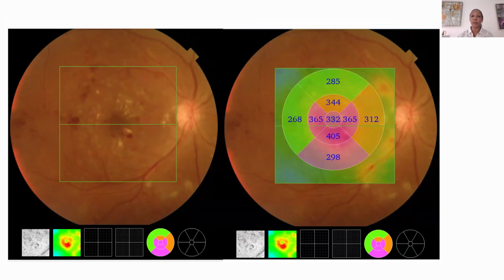And therefore, this is an excellent way of judging pre and post treatments, looking at the central foveal thickness or central retinal thickness before treatment and after treatment. And you can also see where it is actually localized.